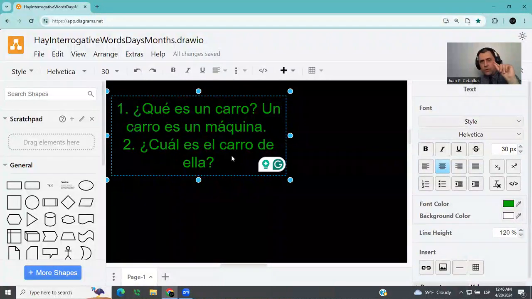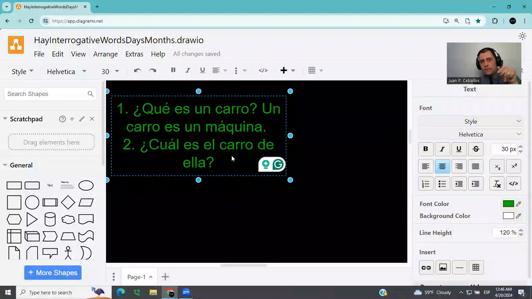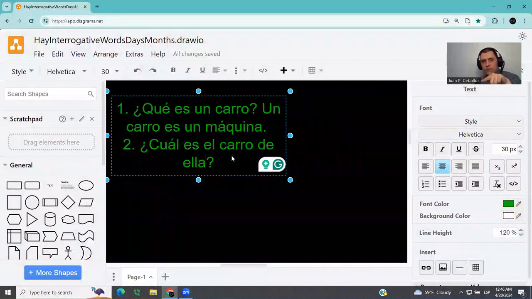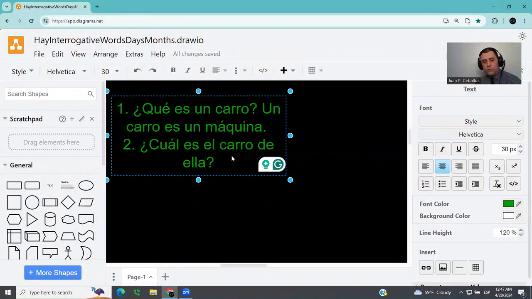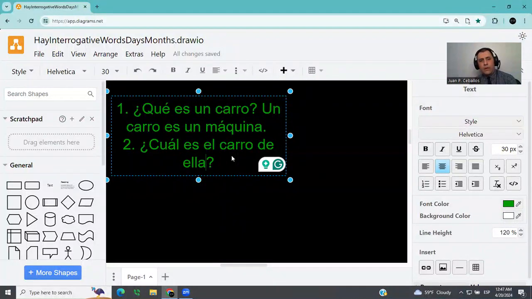But for you to understand this, when you have cuál and es, it's better for you to translate it as which, or which one. So the second sentence can translate as which is her car?